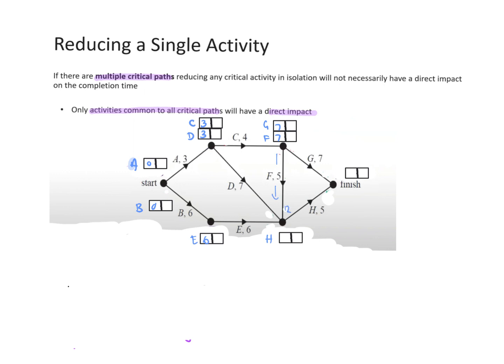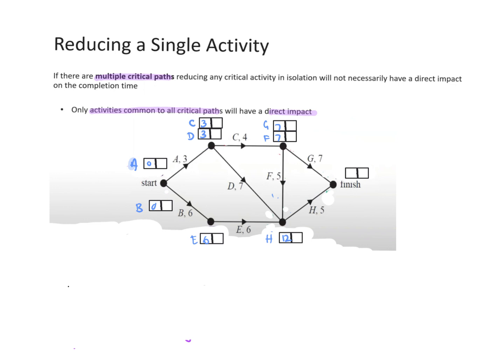If I came along the E way to H, it'd be 6 plus 6, which is 12. If I came along the D way, it'd be 3 plus 7, which is 10. So which one am I going to put in? 12. Good. So that's why 12 gets put there. I'll just rub out those other little numbers, but that's why they were there. I was checking.